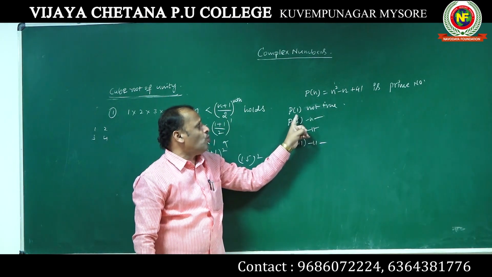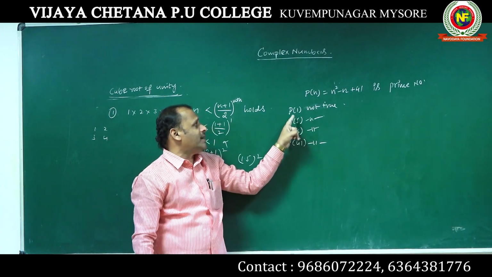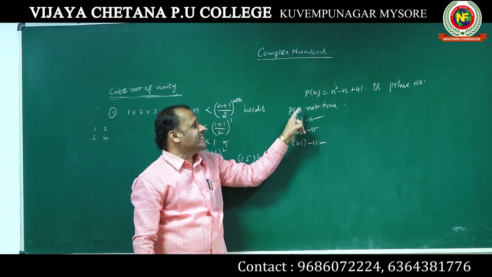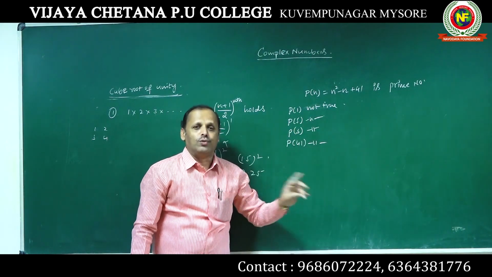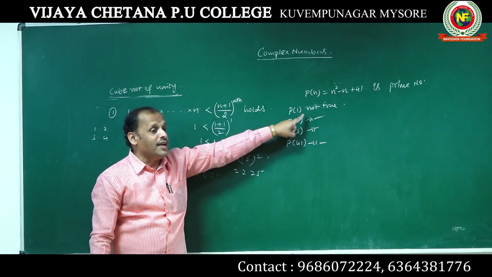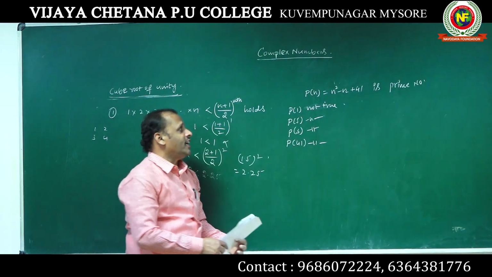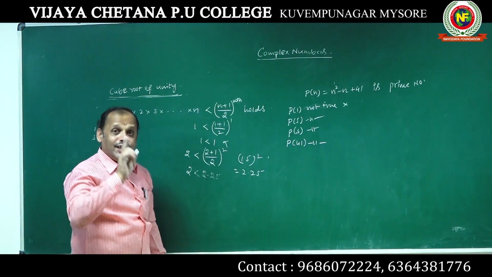If you substitute 1 in the place of n, it is a prime number, so P of 1 is true. But here they provide that P of 1 is not true, therefore it is wrong.